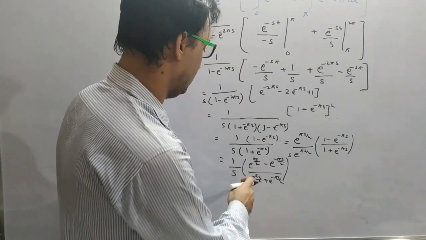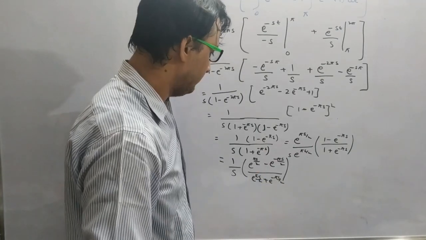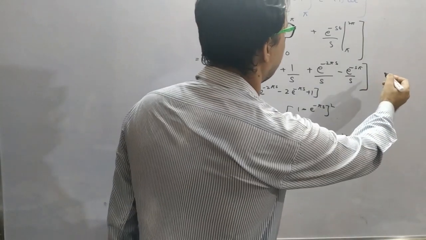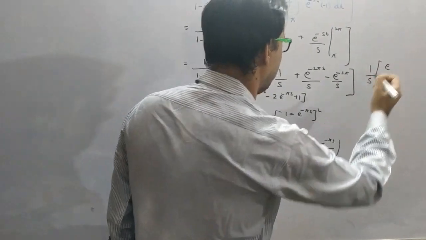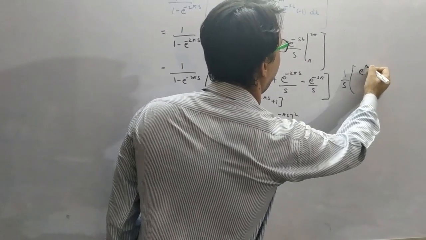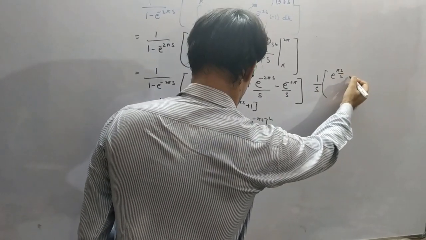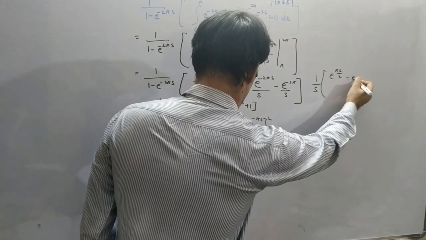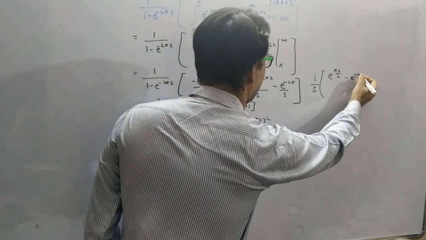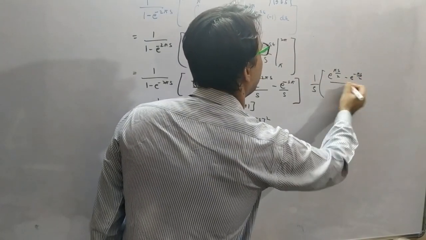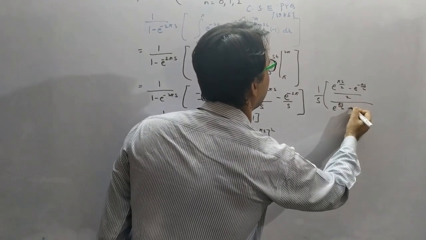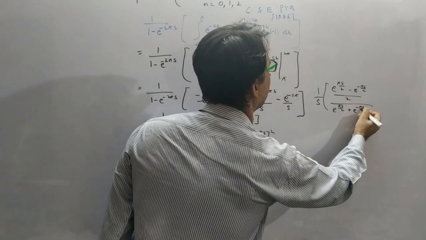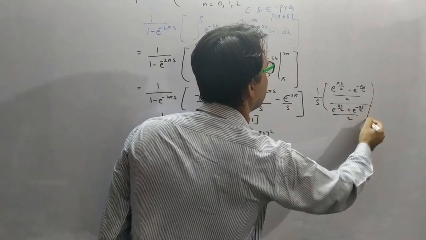Now, we can write it over here as 1 by s, e to the power pi s by 2 minus e to the power minus pi s by 2 divided by 2, and e to the power pi s by 2 plus e to the power minus pi s by 2 divided by 2.